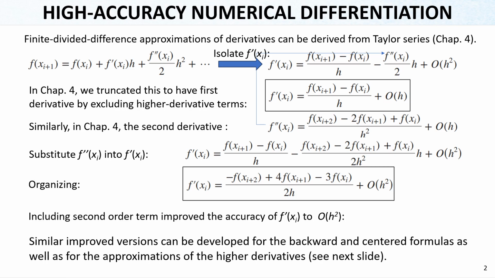We simply improved the derivative estimation by adding the next derivative approximation into the first derivative formulation. And similar improved versions can be developed for the backward and centered formulas as well as for the approximations of higher derivatives. We can show these in the next slide.